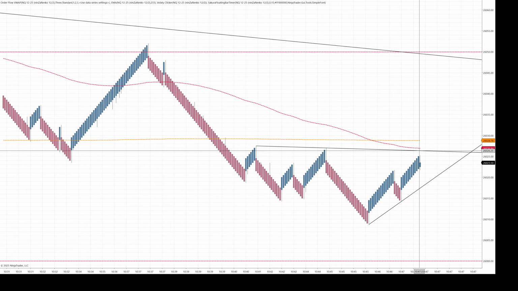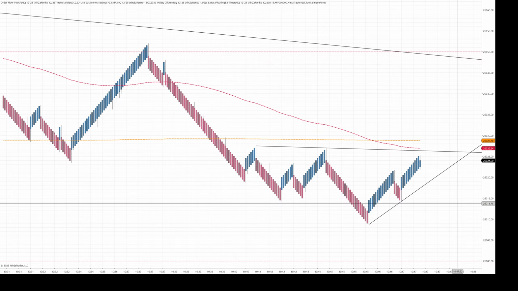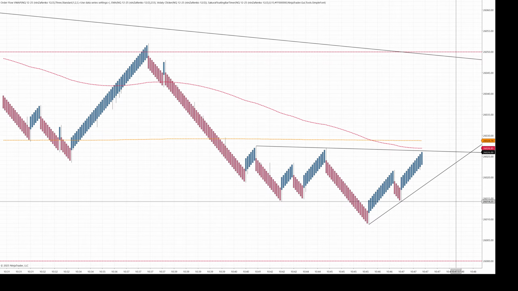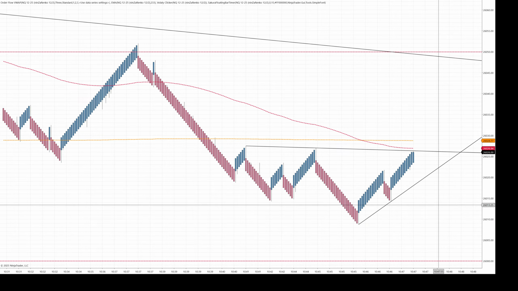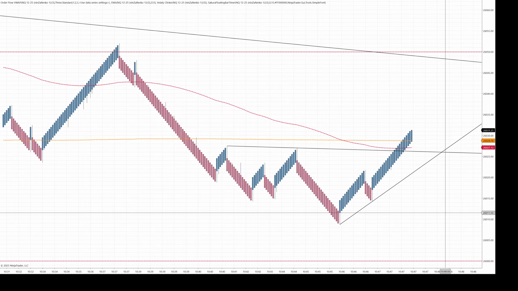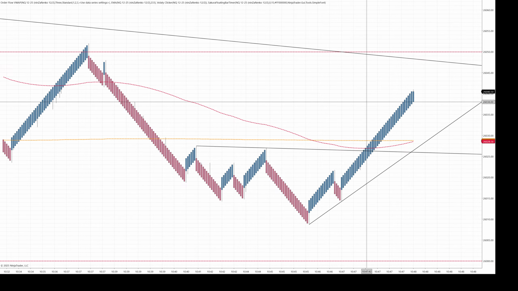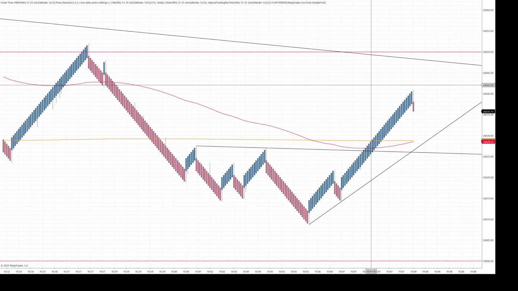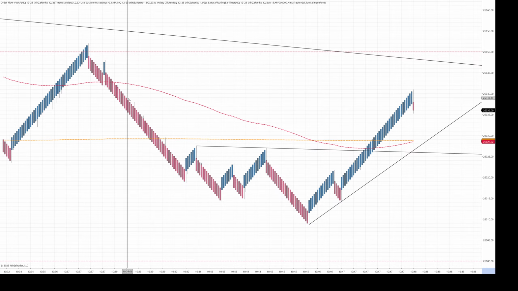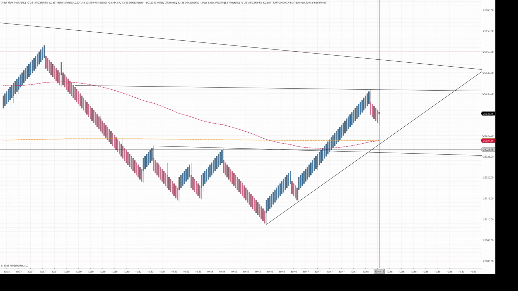We can't take it at VWAP anymore because we have this new upward trend line. 40, down here at 28. We do have enough room to take the bounce back up.